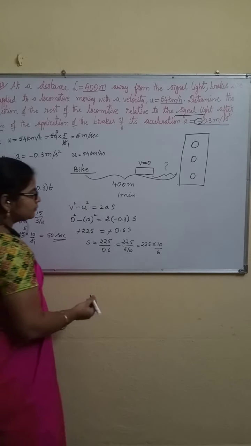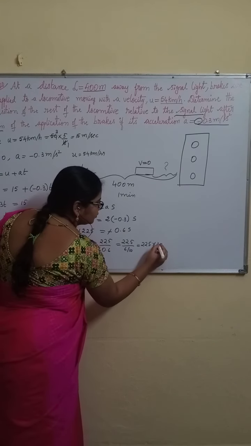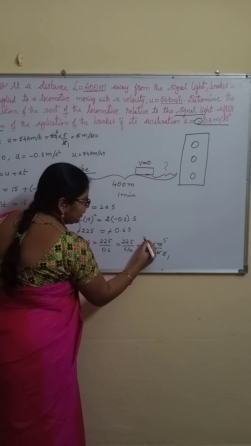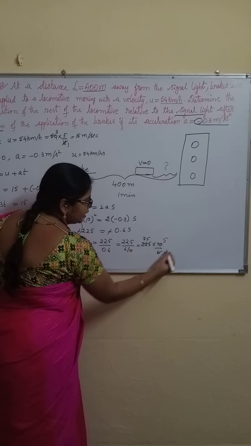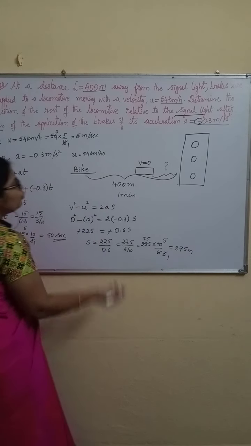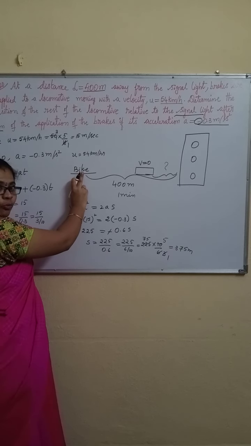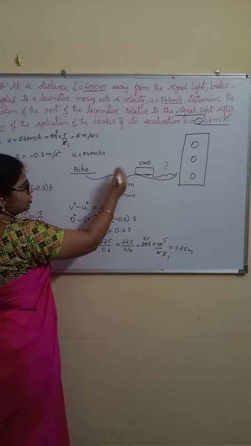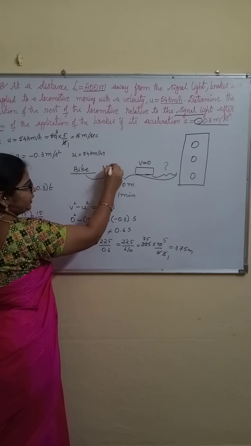2 3s are 6, 2 5s are 10, 3 1s are 3, 3 7s are 21, 3 5s are 15. So, 375 meters. So what is the distance between the locomotive and the rest position where final velocity is 0? This is 375.